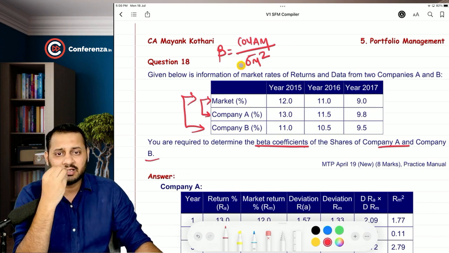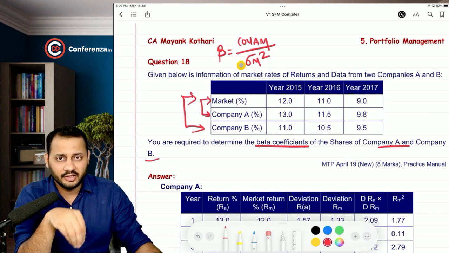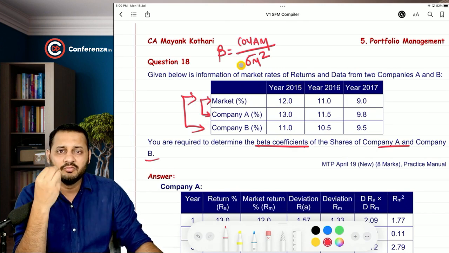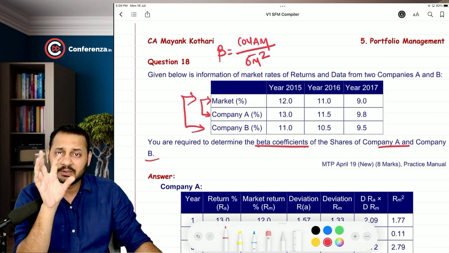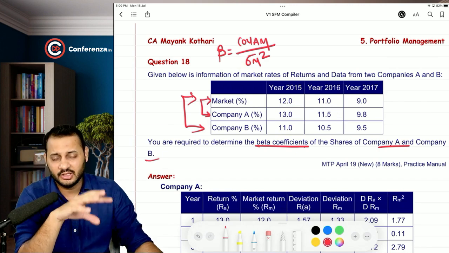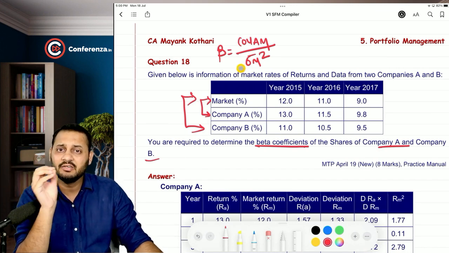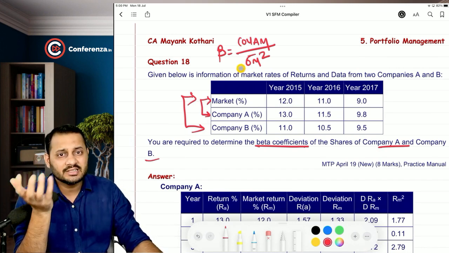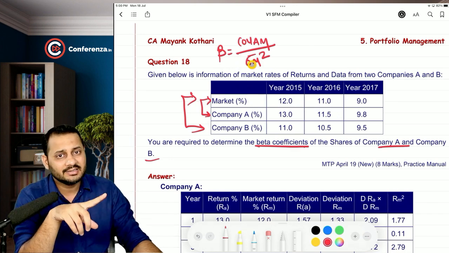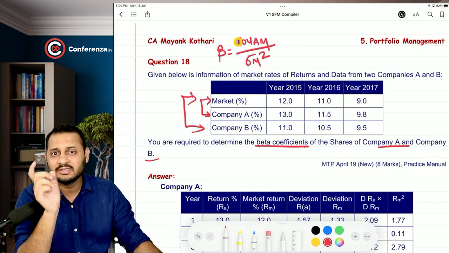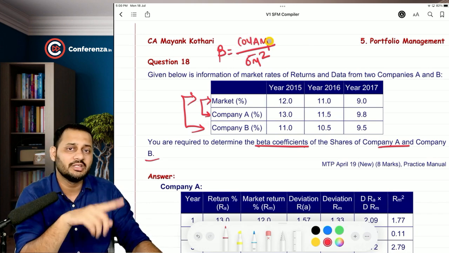So obviously the market's risk has to come in the denominator. Also, standard deviation comes from a variance, and variance is the main measure of risk. In maximum situations, we take the variance into calculation. So risk means the variance. Market's risk is the standard deviation of M square, and the stock's risk is the covariance of the stock with the market.